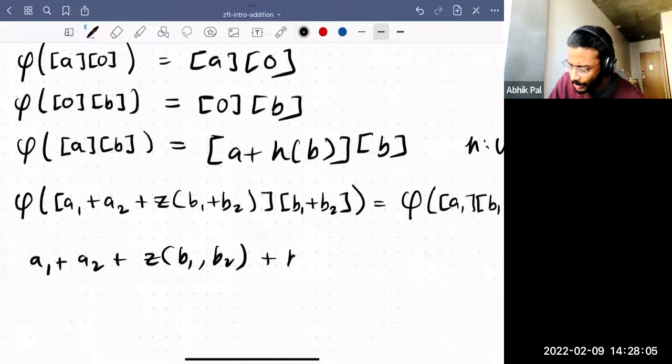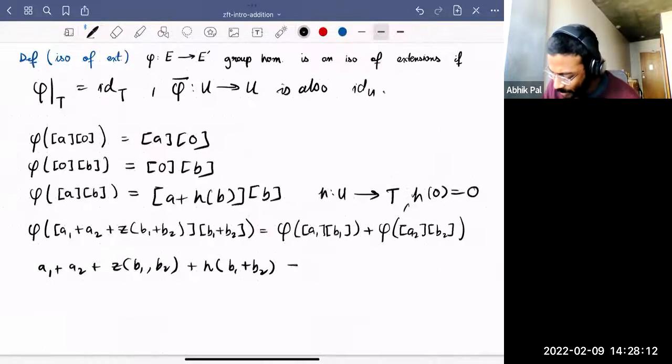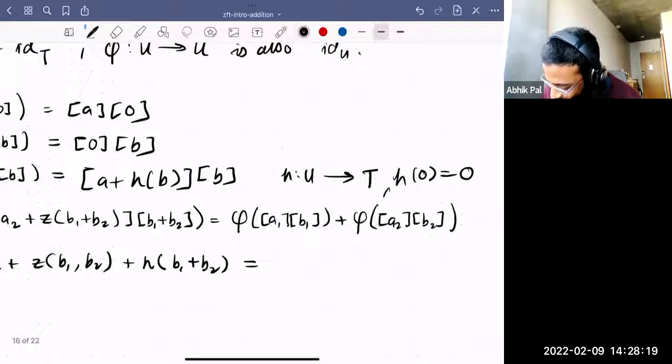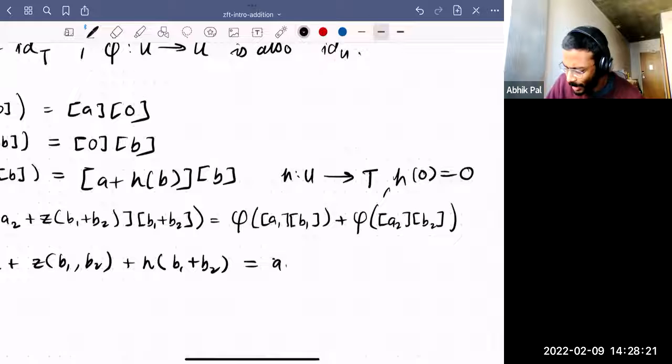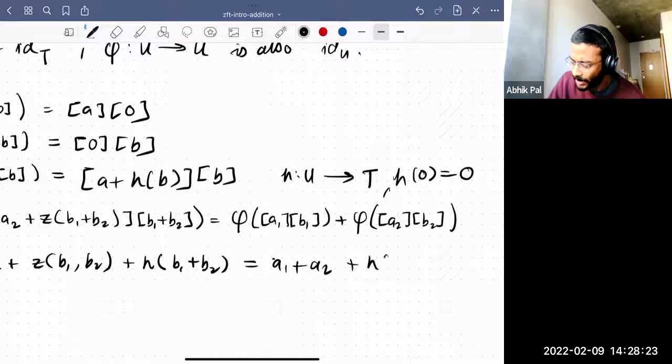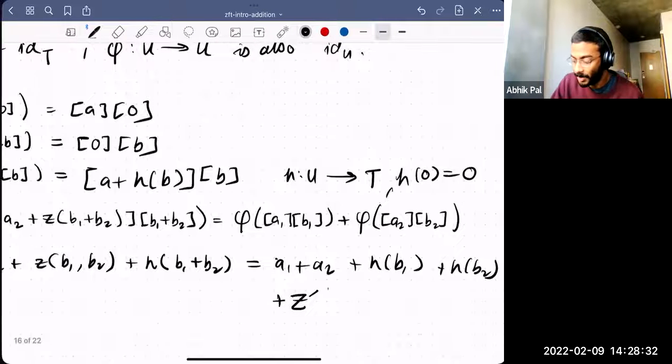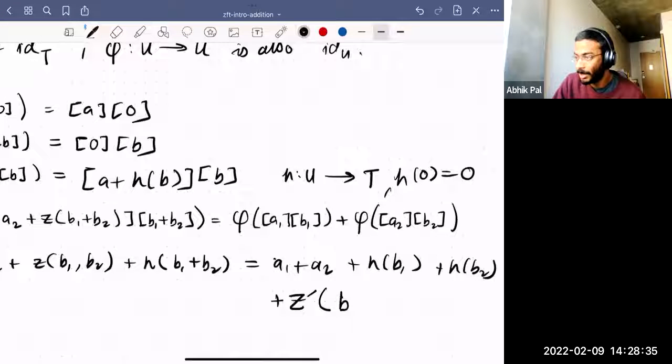And now I should have H of B1 plus B2. And if I compare this to the tens digit that I get on the right-hand side, I will get A1 plus A2 plus H of B1 plus H of B2. And now I need to carry, but now I'm carrying in the group E prime. So this will be maybe Z prime of B1, B2.